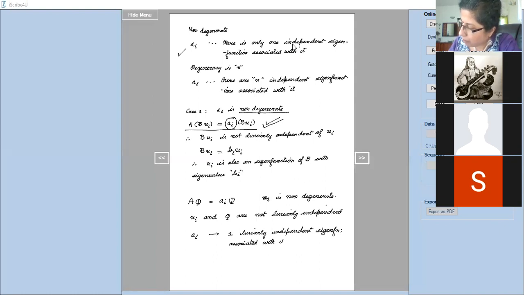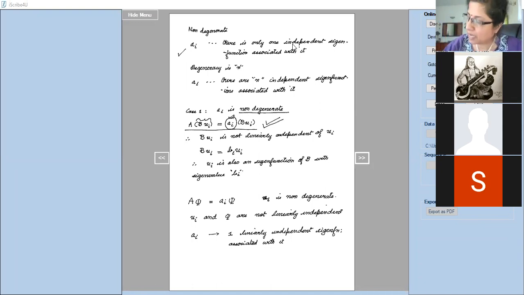Now, suppose I know that this BUI is also giving me this eigenvalue AI. Suppose now I say no, BUI has nothing to do with UI. So then there are two eigenfunctions, right? One is UI, one is BUI. Then the degeneracy becomes 2.